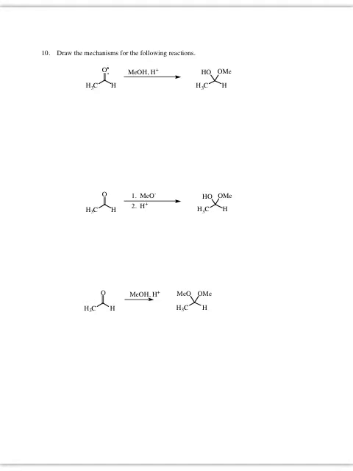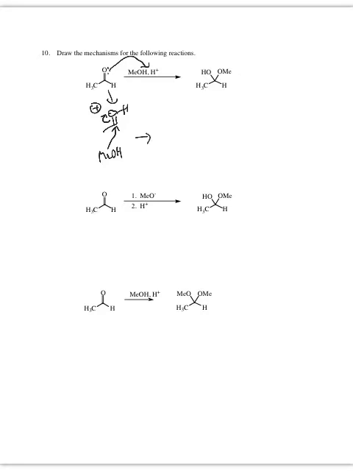In the first one we have the carbonyl, which is going to go grab the hydrogen off of the acid to form the protonated carbonyl. And then we have our methanol, which will then attack the protonated carbonyl. In this reaction we don't have a good nucleophile, so we have to make the electrophile better, which is the carbonyl.